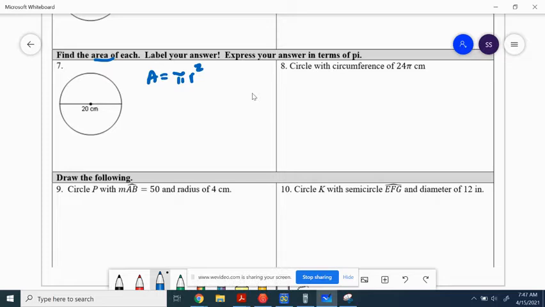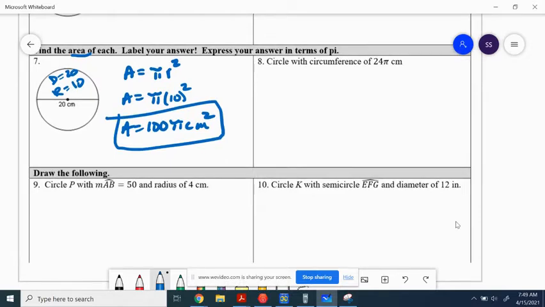So the diameter is 20, then the radius is 10. Okay? So we substitute that out, get 10 squared. We square 10, that's 100. And so our answer is just 100 pi centimeters squared.